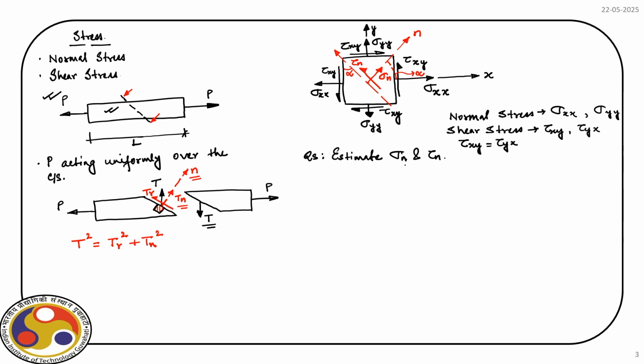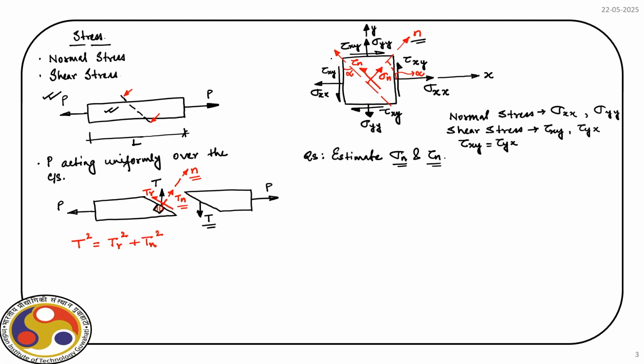Why we need these two components, that I will explain in a minute, but first, for the time being, if we consider a plane alpha defined by its normal n, then let us try to find out what will be the sigma n and tau n, that is the normal stress and shear stress acting on that plane. For that, let us mark the corners. So, we consider this point C. So, ABC is basically the wedge that we consider.